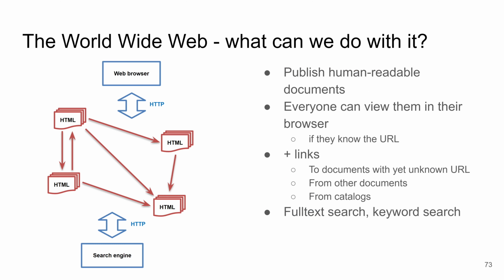Right, so with the web, we can publish documents, but only human readable documents. Everyone can view them in any browser that is compatible with the standards, if they know the URL, or if they use a search engine. And the documents link to other documents that we might not have known about, and we can discover more things.